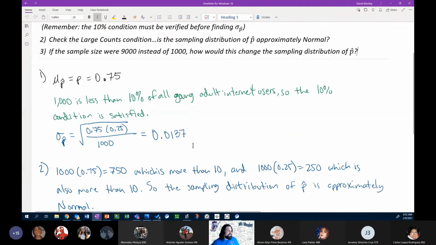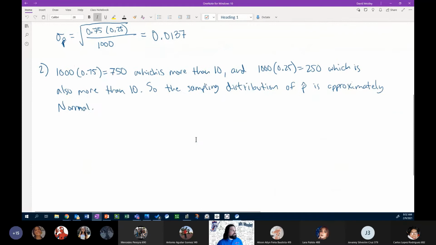Our last question: if the sample size were 9,000 instead of 1,000, how would this change the sampling distribution of p hat? Well, the mean won't change. That's not dependent on the SRS. It's only dependent on the proportion from the population.